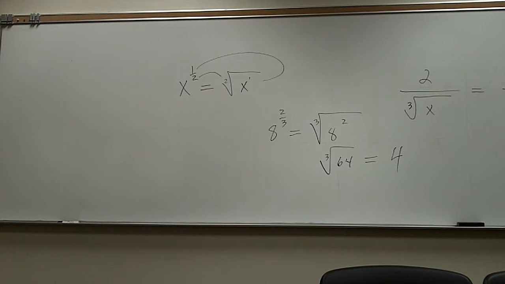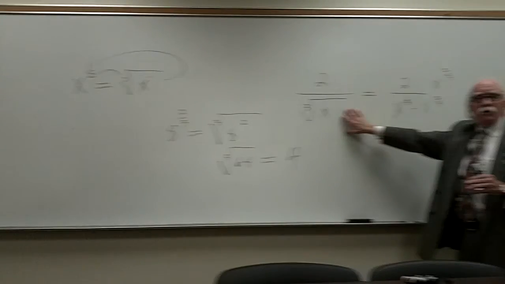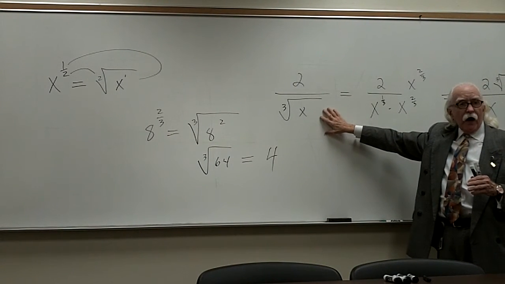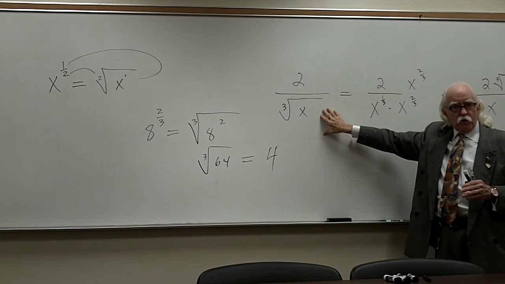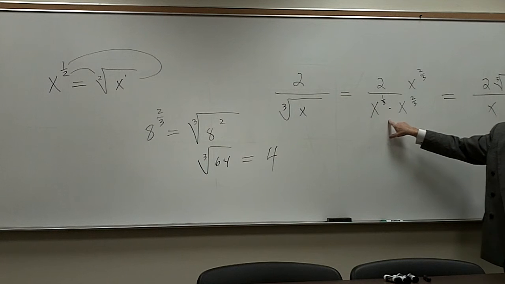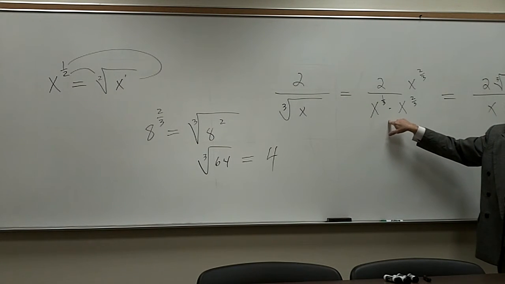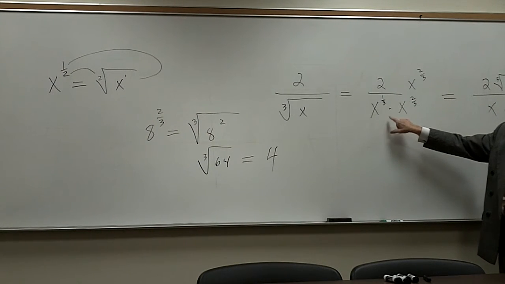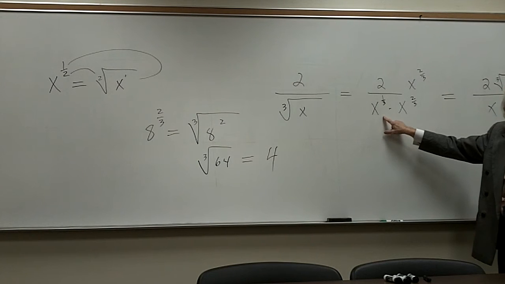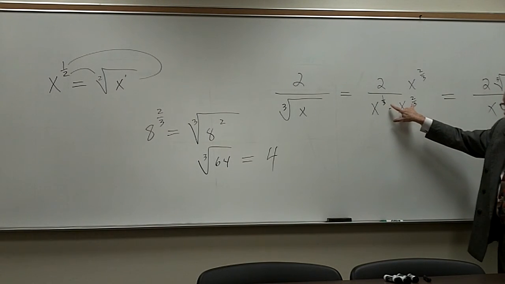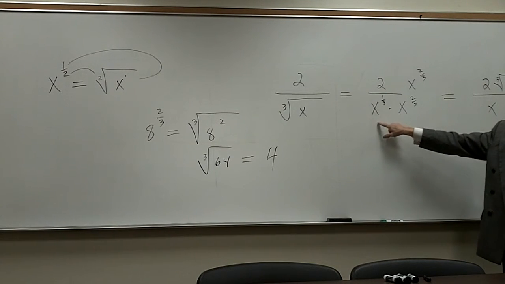So it goes to show here, when you had to rationalize this denominator, you got to get rid of the cube root. Because what's the cube root? X to the 1/3 power, right? So you say, okay, what must I multiply this by? What must my exponent be to get an X on the bottom?